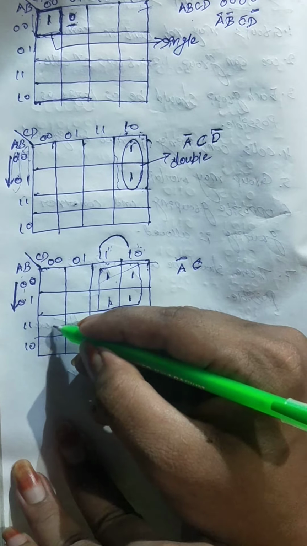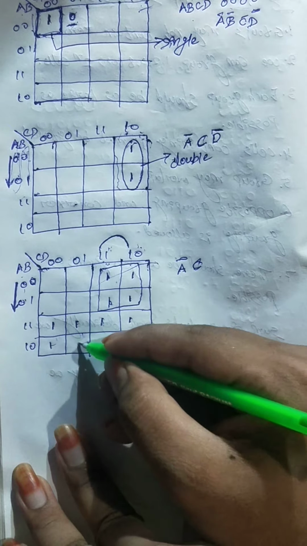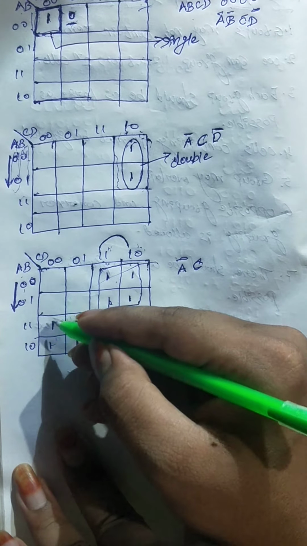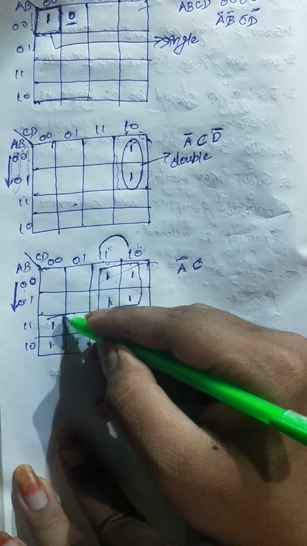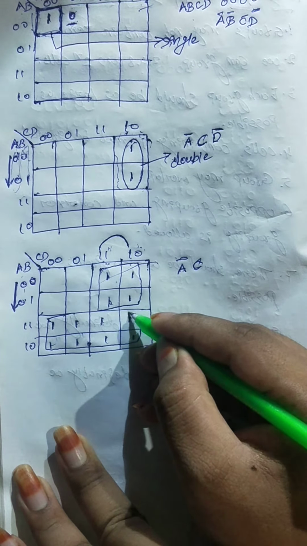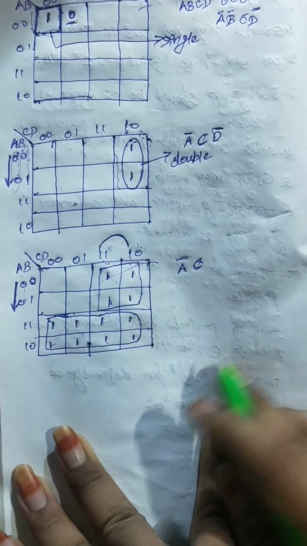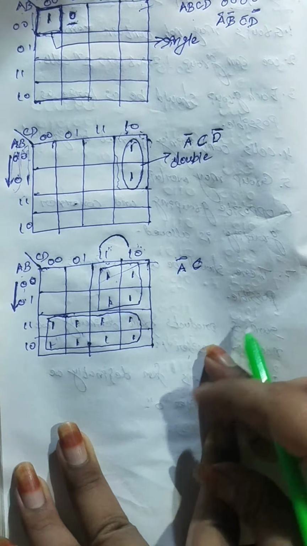And the next example is octal. That means here the combination A variable is 1 1.